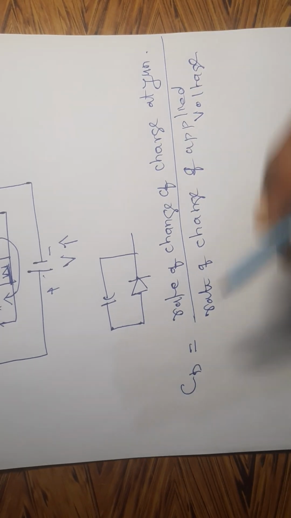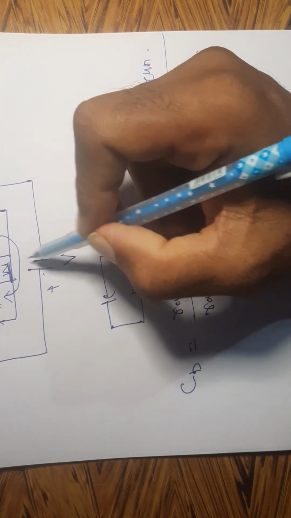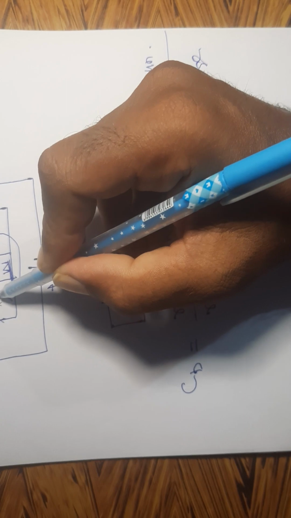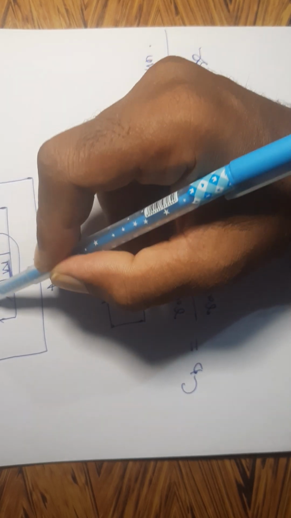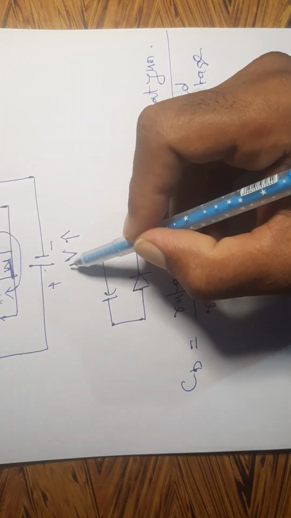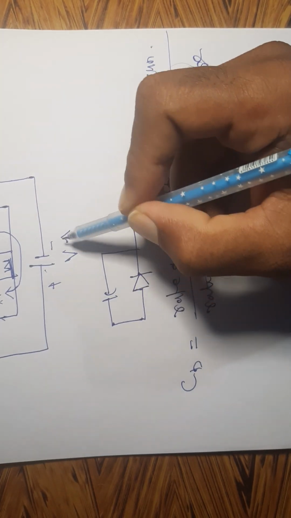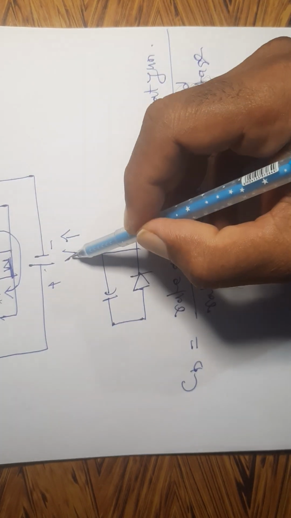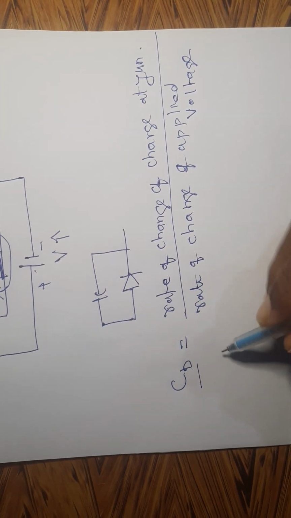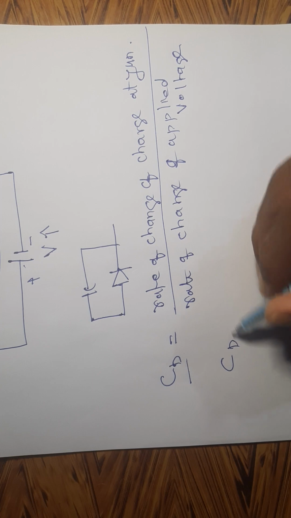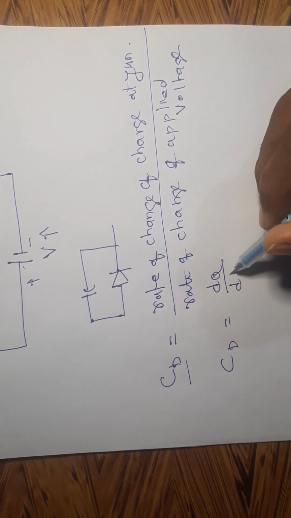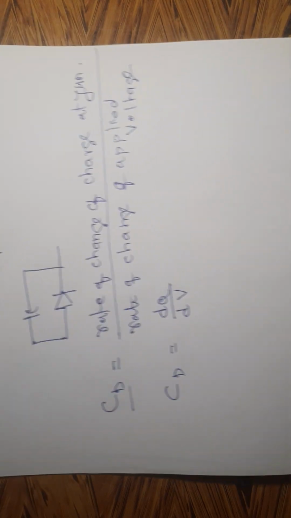So what is the meaning of it? When applying voltage, holes and electrons move across the junction, and because of this flow of charge carriers with respect to change in voltage, the change in charge with respect to change in voltage is given by CD. So CD can be written as dq by dv. Hope you understand.